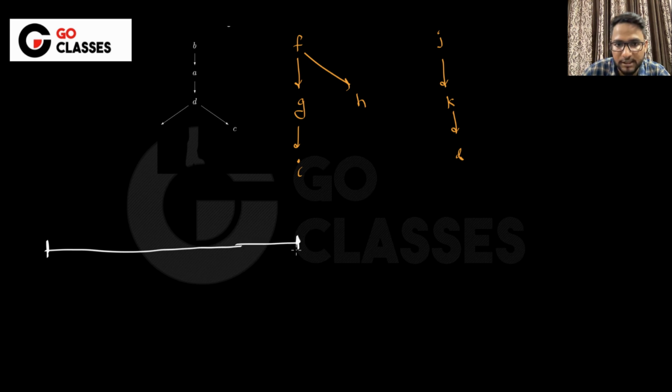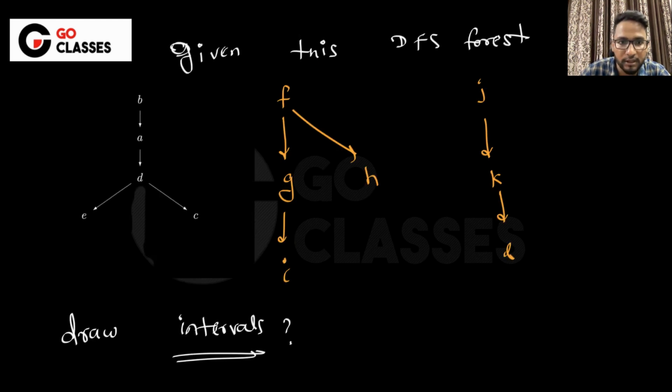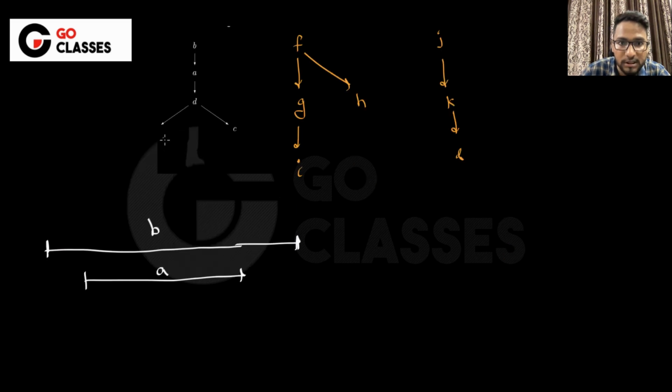B will be something like this, and then A will come after it. This is B, this is A, and then D. This is E, this is C. Inside this A there will be D, and inside this D there will be E and C.